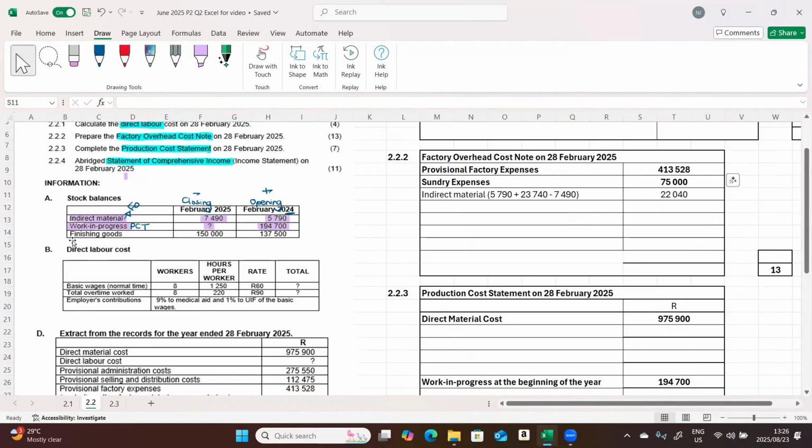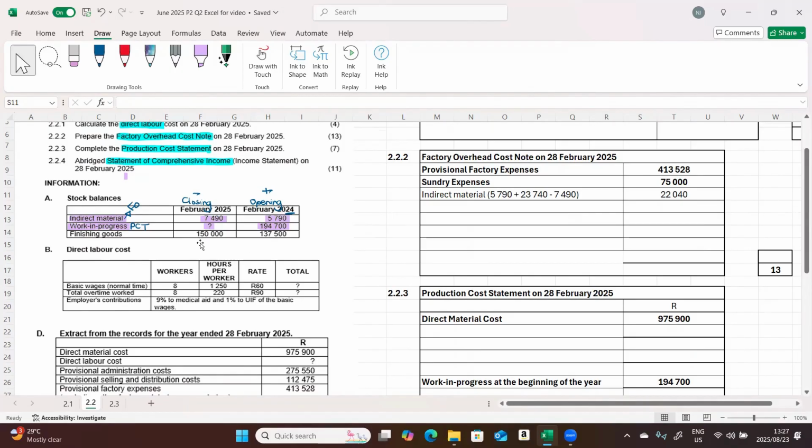Then we move on to our finished goods. We have an opening balance of 137,500, and we have a closing balance of 150,000 Rand.